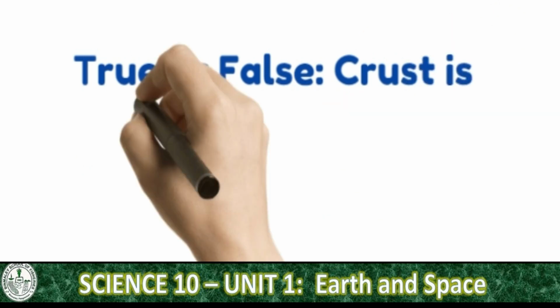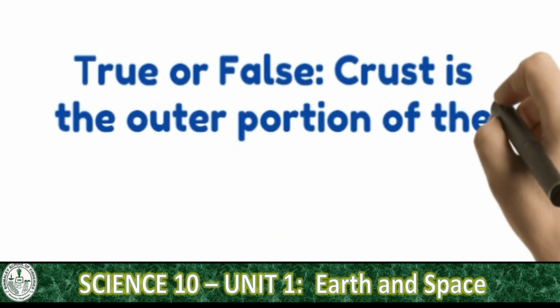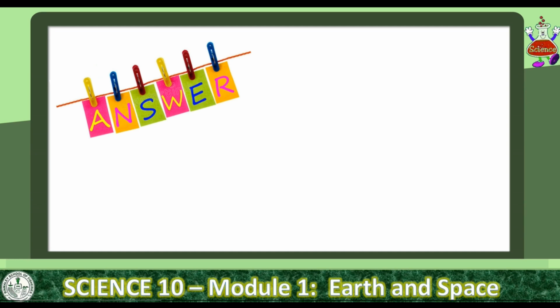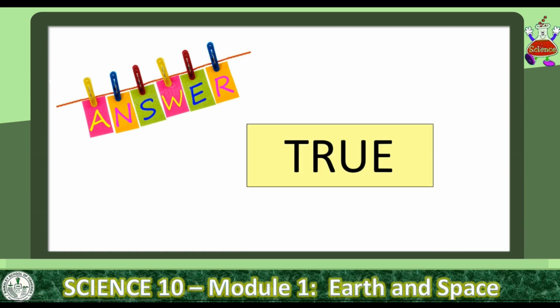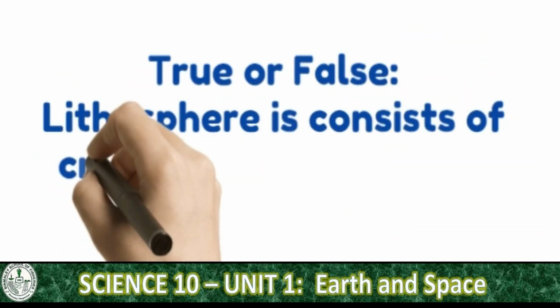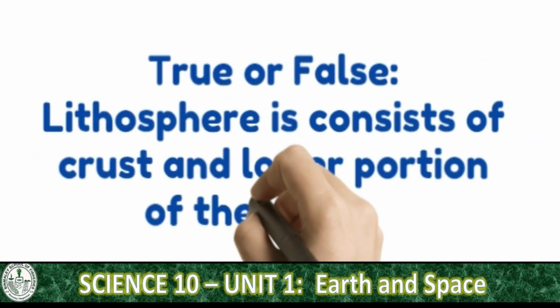True or false? Crust is the outer portion of the Earth. The answer is true. Very good. True or false? Lithosphere consists of crust and lower portion of the mantle.